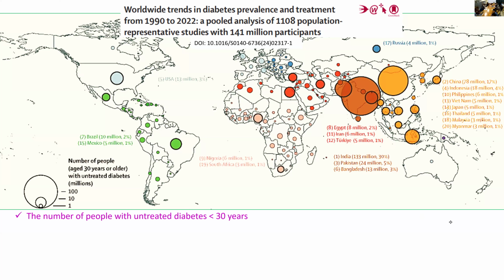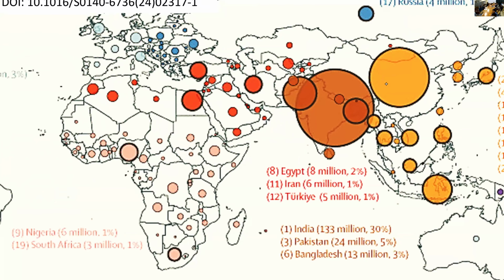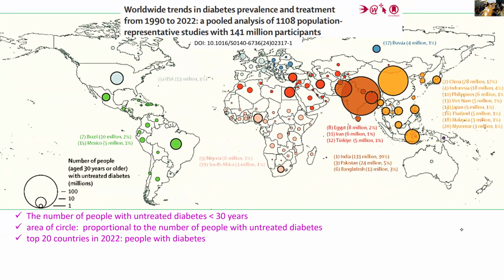So, the number of people with untreated diabetes who are more than 30 years of age, correctly you said, the circle size is proportional to the number of people with untreated diabetes. And these are the top 20 countries in 2022. Though there's much more data, this picture is for 2022. And there are rankings, so they put the ranking 1, 2, 3, like that.